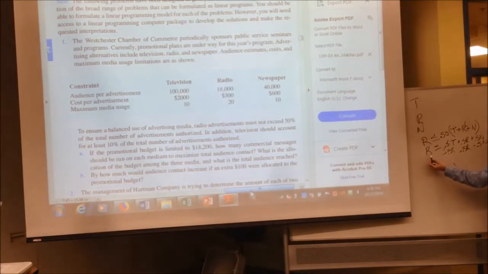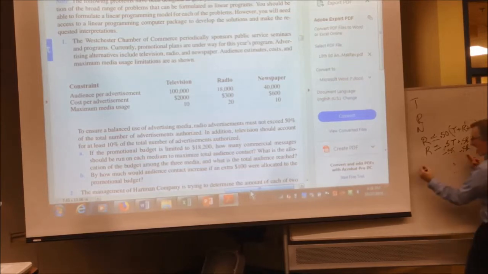So now I'm looking at this left side, and I'm going, wait, there's an R on both sides. I have an R on the left and a minus, I'm subtracting a positive, there's a positive 0.5 R there. So I got to subtract, whatever you do to one side, you got to do to both. So I got to subtract 0.5 R. If I have 1 R minus a half of R, I have a positive half of R still left.